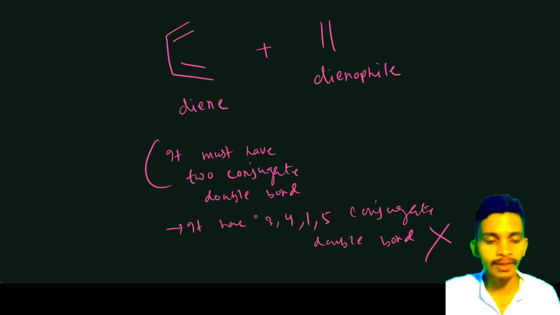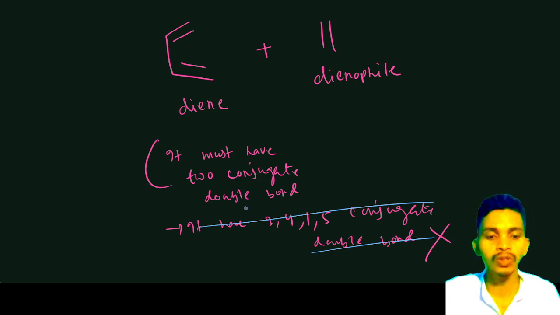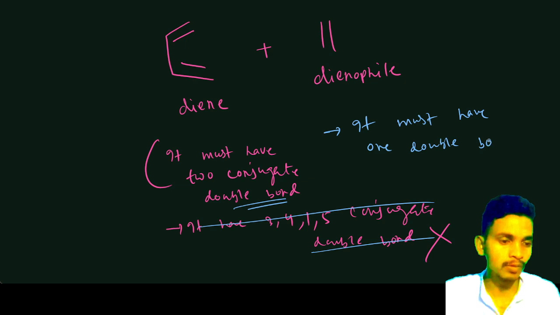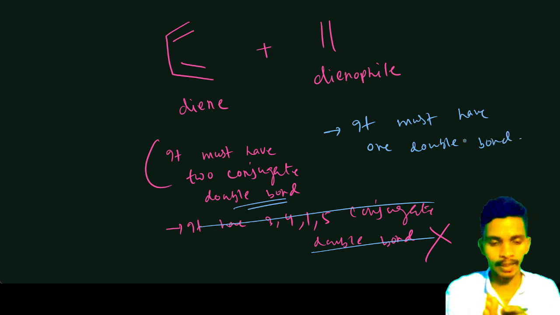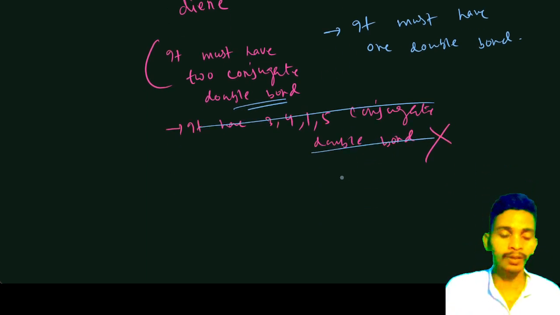So diene means it must have two conjugated double bonds, and dienophile means it must have one double bond.